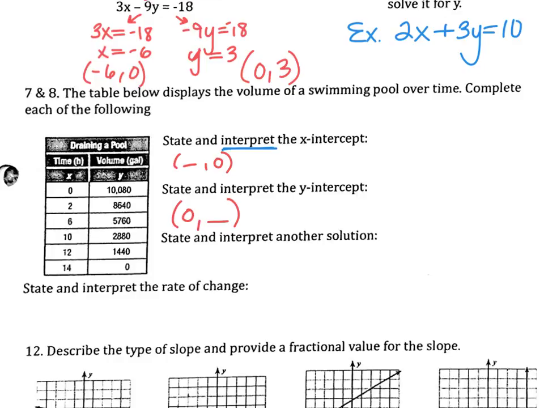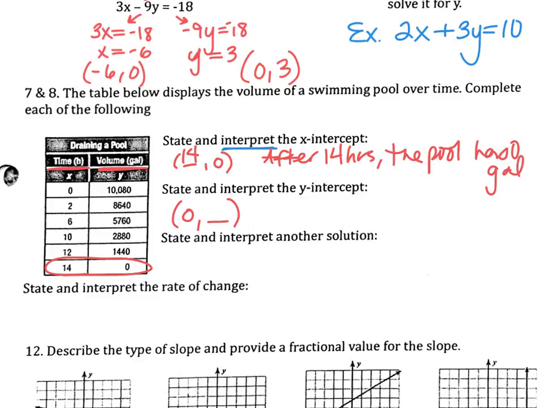So we want to make sure that we do both. So when we state the x-intercept, I see that is this point down here, (14, 0). And when we interpret, it's really easy just to use the headings on the table here. So this says after 14 hours, because that's what the 14 is there for, the pool has 0 gallons left in it.